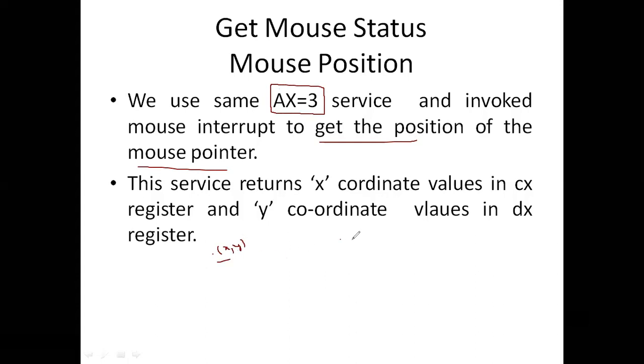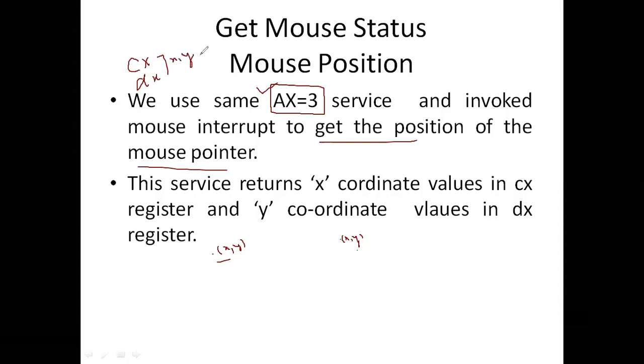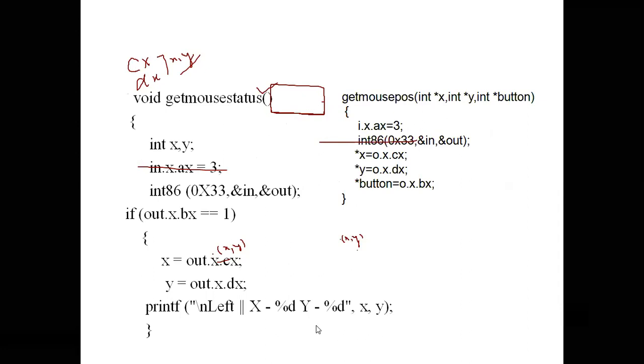Whenever I move the mouse across the screen, wherever I take it, the service returns the position of the mouse, held by registers CX and DX, which hold the values of X and Y. So this is another thing returned by the service AX equal to 3. Let us understand this code.